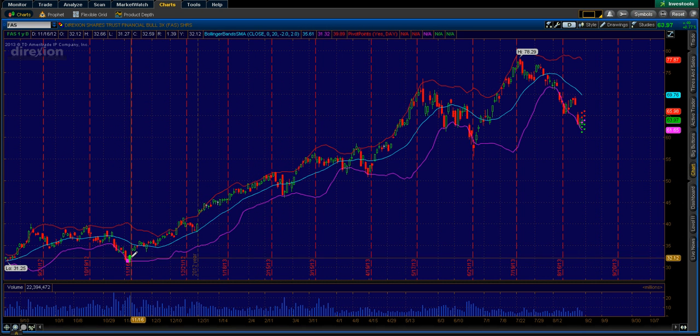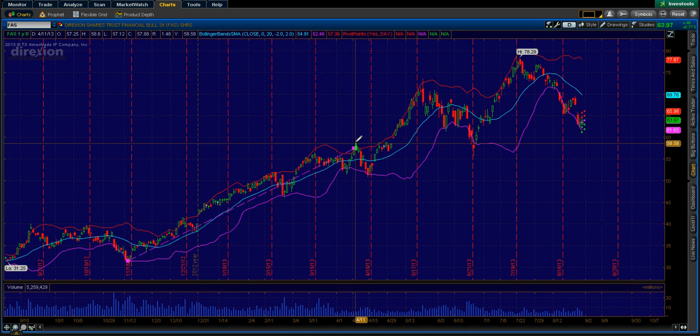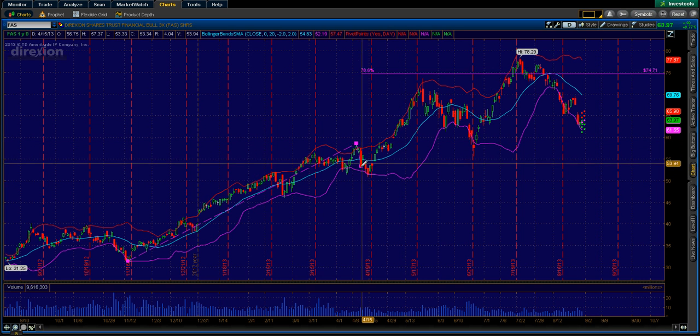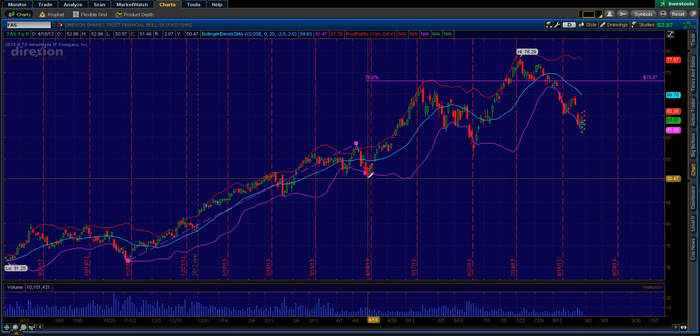So what you do is you go from the low from the previous move to the high, and I have the open high low snapping for the drawings on. That really helps to grab the high or the low, whichever one. Click on the top there and bring it down to the low before that resistance was broken.